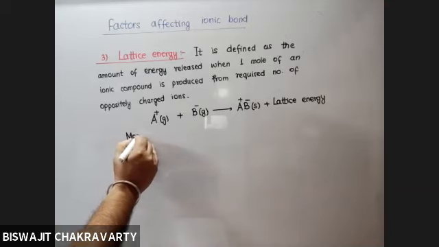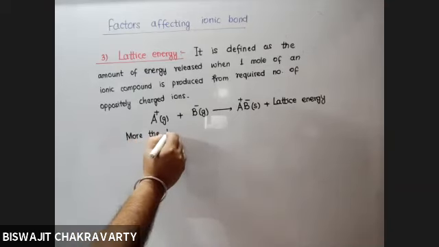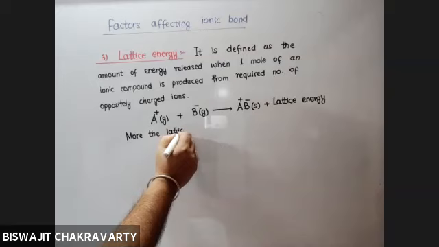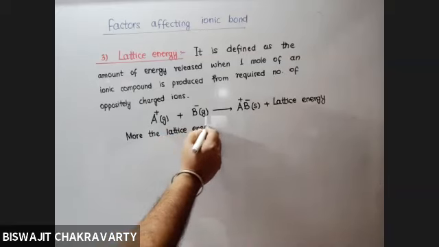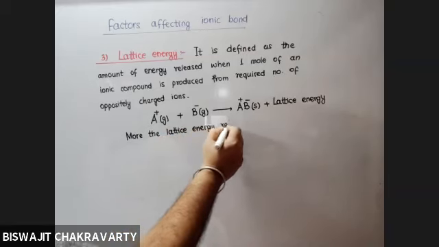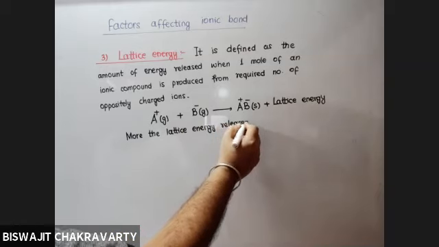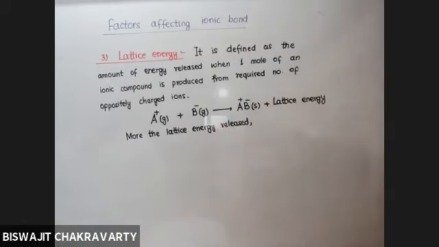The more the lattice energy released, the greater the amount of energy released, and the system A plus B minus will be left with a lesser amount of energy. And if it is left with a lesser amount of energy, it will be more stable.